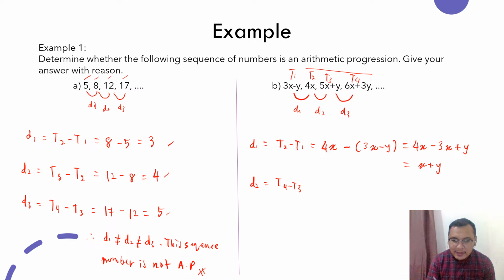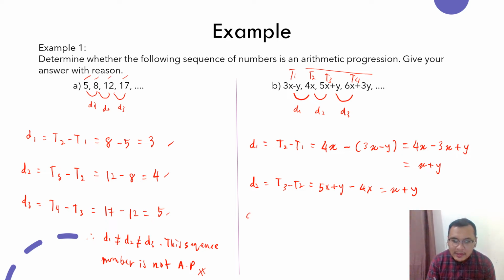No. Okay, so D2 is T3 minus T2. So what is T3? T3 is 5x plus y minus T2. T2 is 4x. So 5x minus 4x is x plus y. Okay, D1 and D2 are the same.